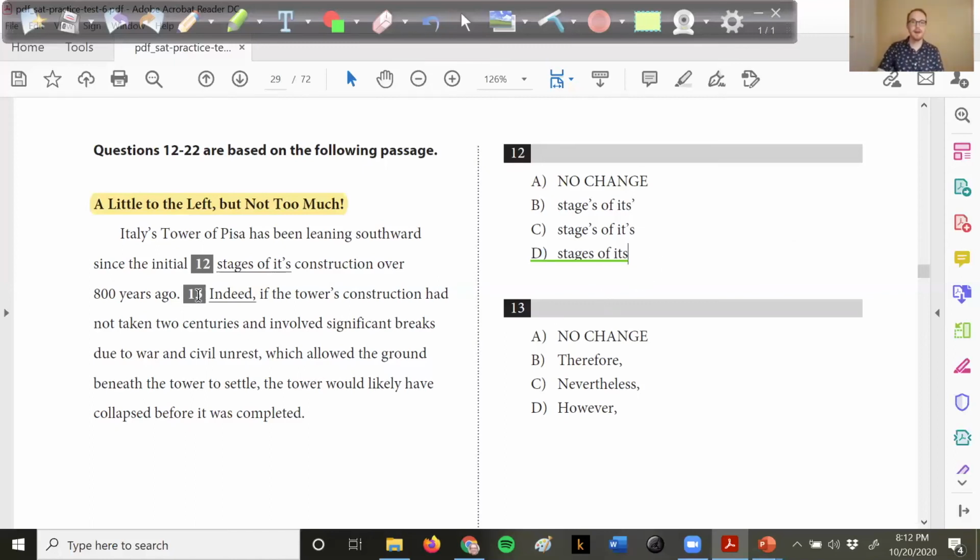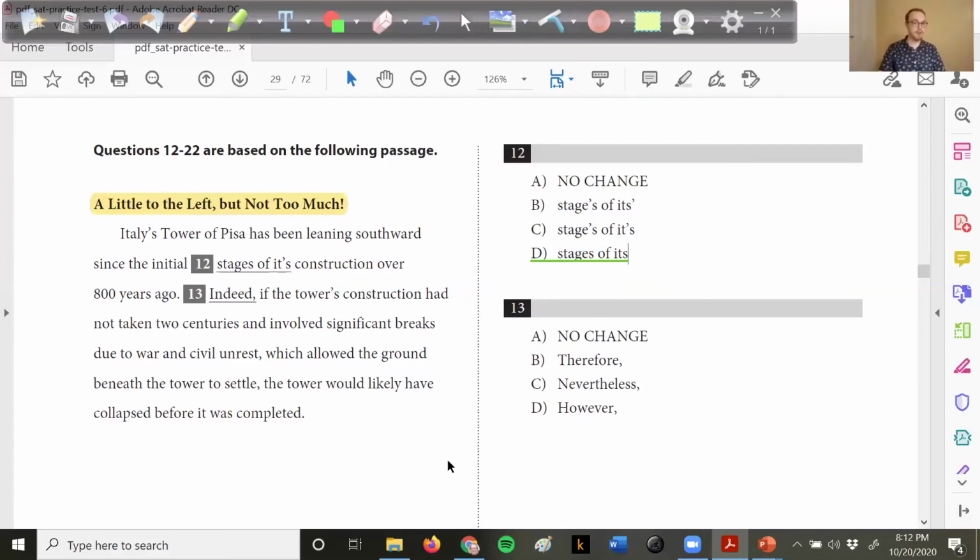We're on fire. Indeed, comma, if the tower's construction had not taken 2 centuries and involved significant breaks due to war and civil unrest, which allowed the ground beneath the tower to settle, the tower would likely have collapsed before it was completed. So our choices for 13 include no change, the word indeed, the word therefore, nevertheless, and however.